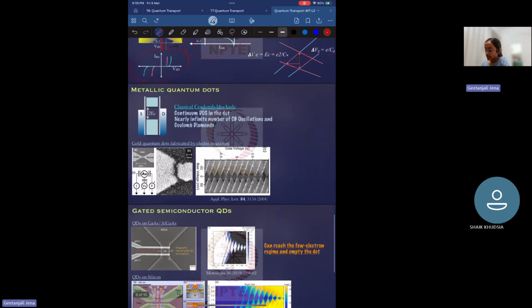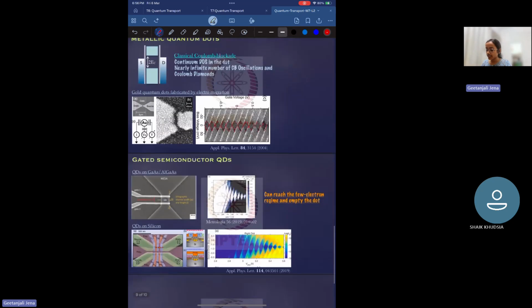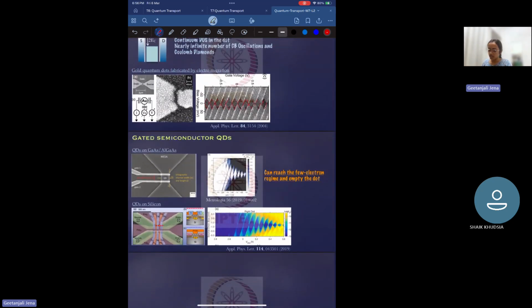In the next part, we have seen the difference between a metallic quantum dot and a semiconductor quantum dot. In a metallic quantum dot, we have a continuous density of states in the quantum dot. That is why we'll see regularly spaced Coulomb diamonds in this plot. But if we consider a semiconductor quantum dot, the density of states is not that large.